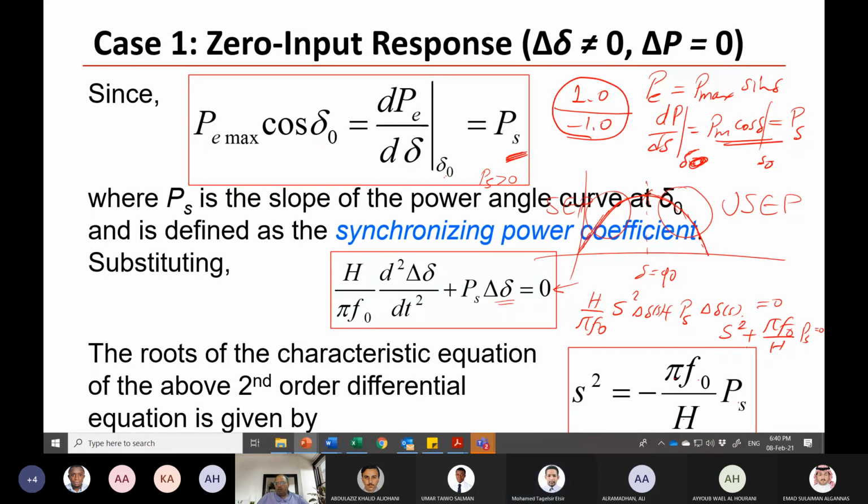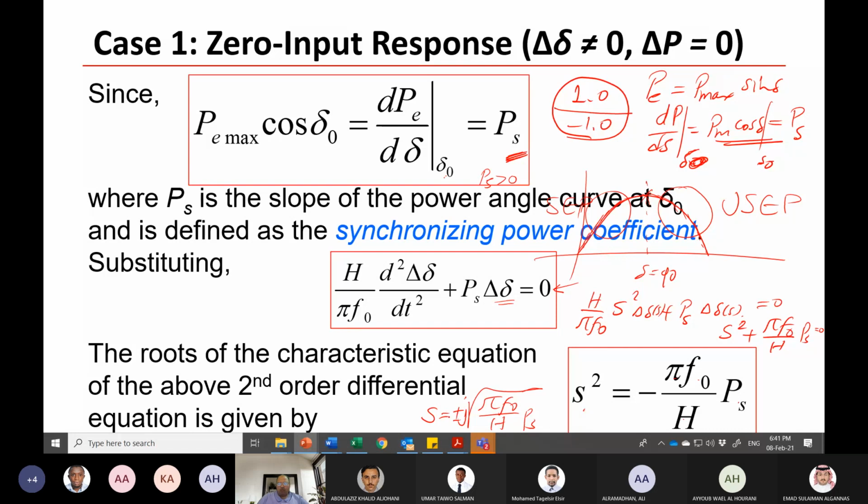Now you want to get the roots. So S square becomes equal to minus pi F0 over H times BS. And then you can write S equal to plus or minus the square root of pi F0 BS over H. Of course, if you take the minus, the square root of minus 1, you have plus or minus J. So S equals plus or minus J times the square root of pi F0 BS over H. This is the roots now.